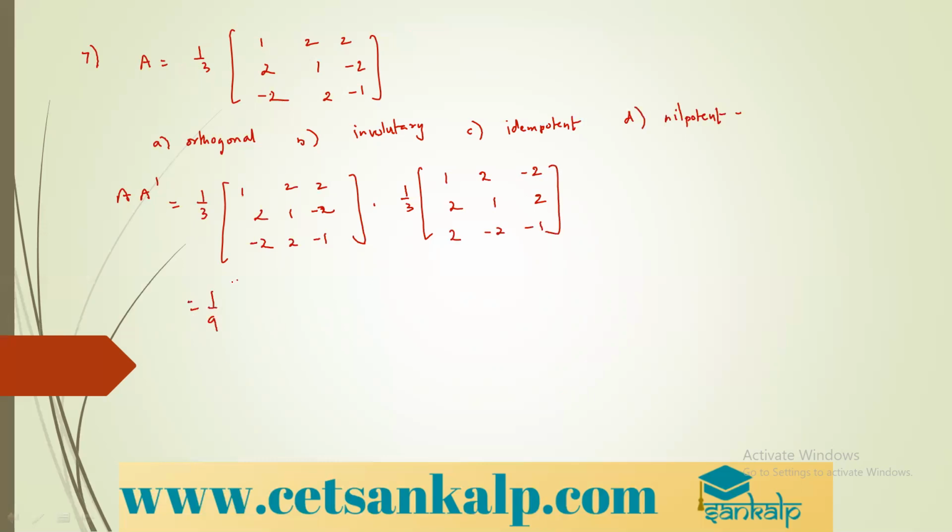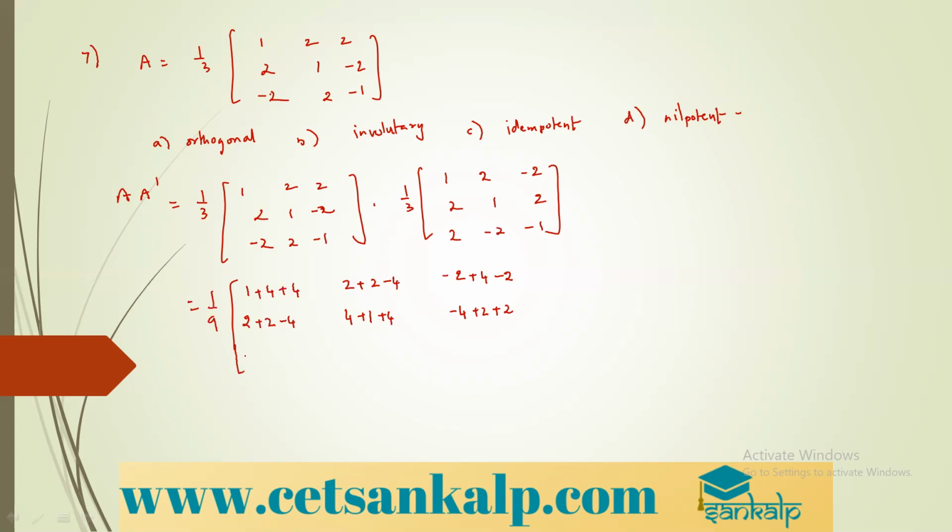So I will get 1 by 9 when I multiply 1 into 1 plus 2 into 2 plus 2 into 2. 1 into 2 plus 2 into 1, 2 into minus 2. 1 into minus 2, 2 into 2, 2 into minus 1. Normal multiplication. 2 into 1, 1 into 2, minus 2 into 2. 2 into 2 plus 1 into 1 minus 2 into minus 2. 2 into minus 2, 1 into 2 minus 2 into minus 1.